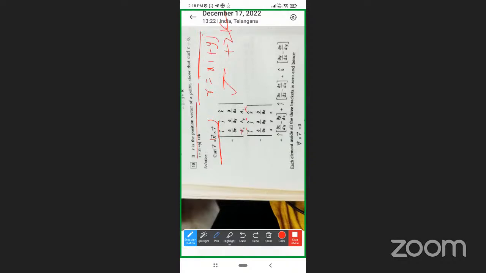This is R, not A. So curl R is del cross R, with Rx, Ry, Rz. Rx means the i term, that is x; the j term means y, and the k term means z.